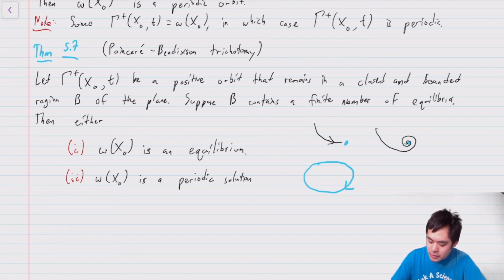So in this case, you may have some trajectory starting here that spirals outward until it approaches. Oh, sorry, I put that spiral in the wrong direction. You may have some point here which spirals outward until it approaches this limiting set.